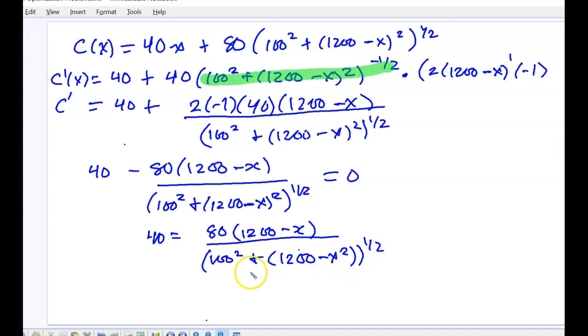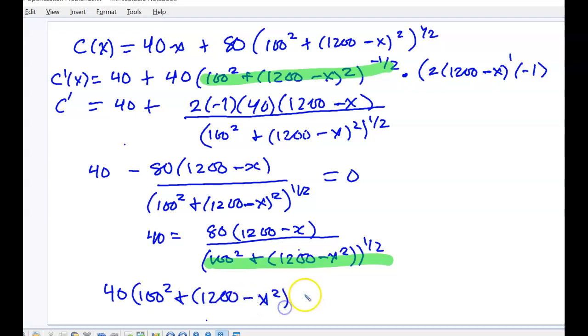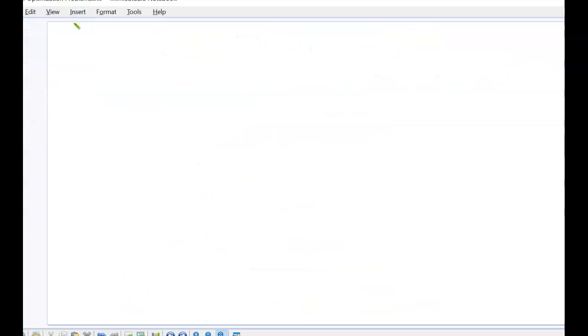Okay, so now I'm going to bring this up to the left-hand side by multiplying both sides by the part highlighted in green. So I am going to get 40 times the square root of 100 squared plus (1200 minus x) squared equals 80 times (1200 minus x). Now I can divide both sides by 40 because I have a 40 common factor.